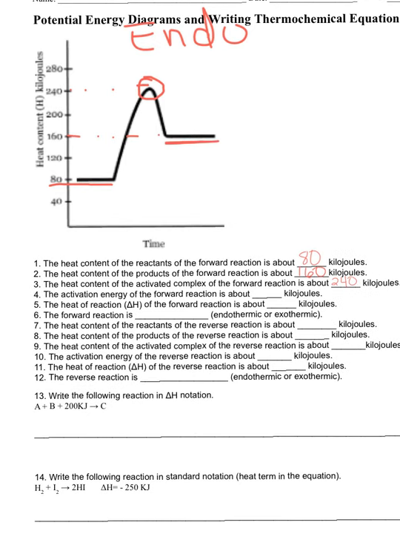The activation energy of the forward reaction. So this is the part where we're going to do a little bit of math. Okay, activation energy is just the difference from the energy of the reactants to the energy of that activated complex. This is your activation energy.